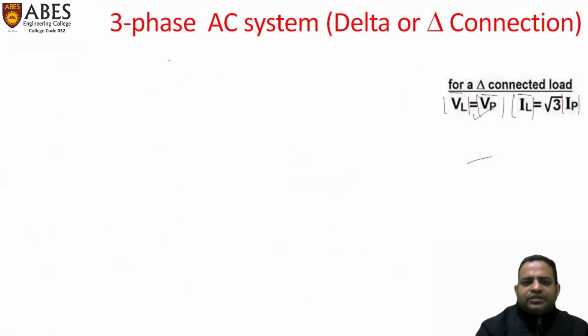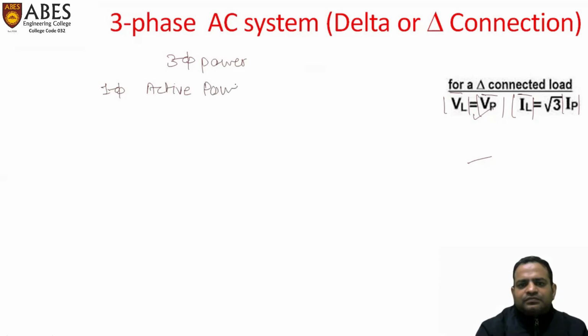Now we are talking about the three-phase power in delta connection. If we have one phase, active power is VI cos phi.